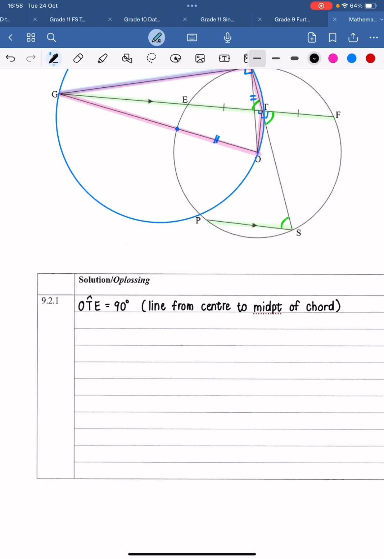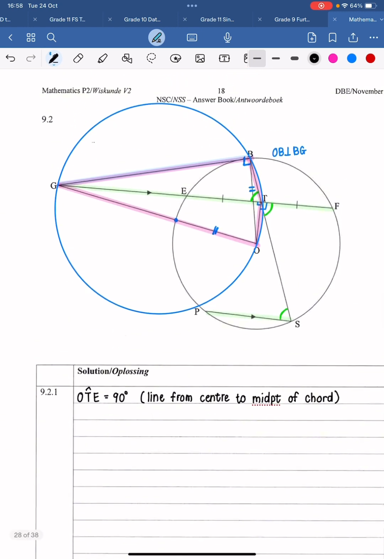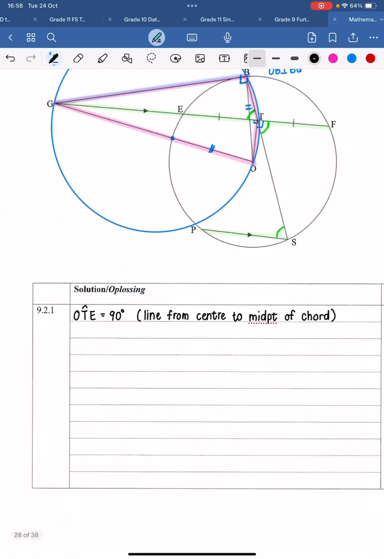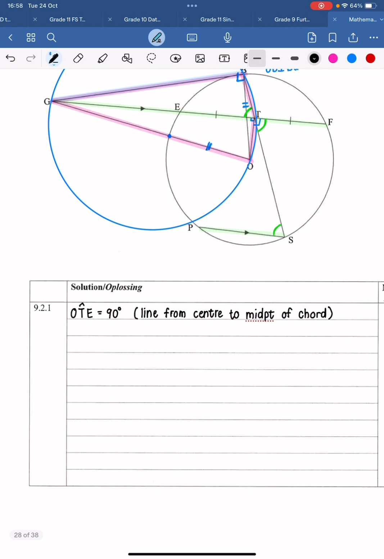That's the first statement. We also have to say why this angle at B is a 90-degree angle. So this is now OBG is 90. The reason for that is tangent perpendicular to radius. So OBG is equal to 90. The reason is tan perpendicular radius.